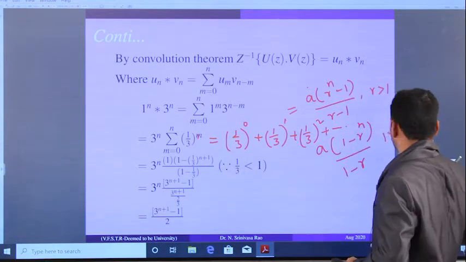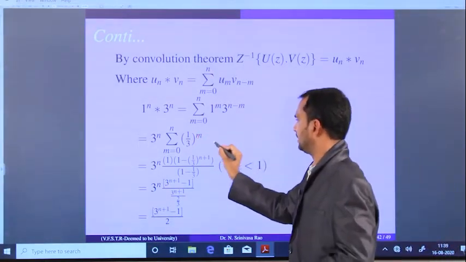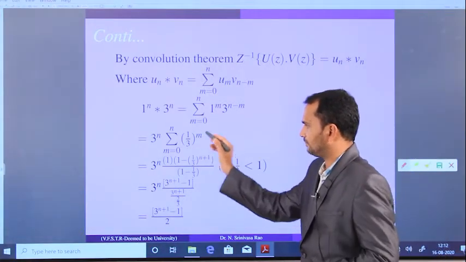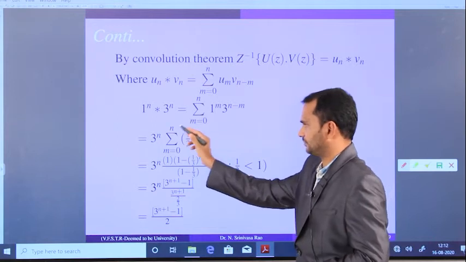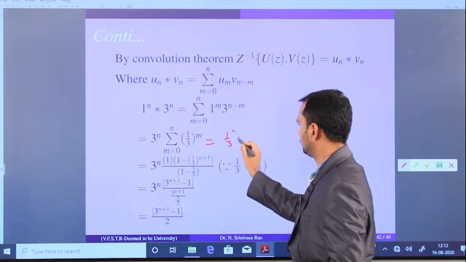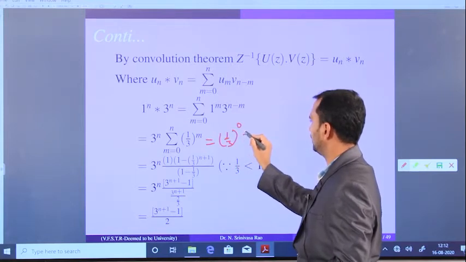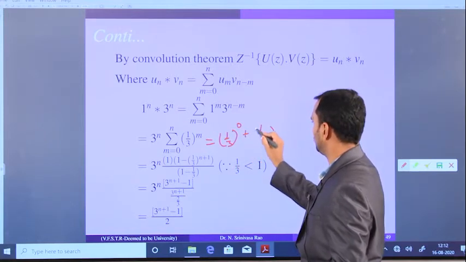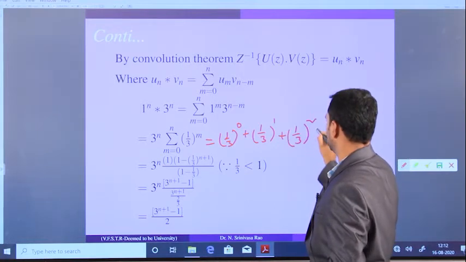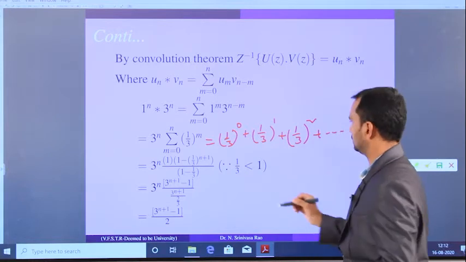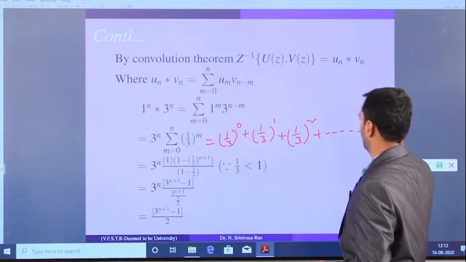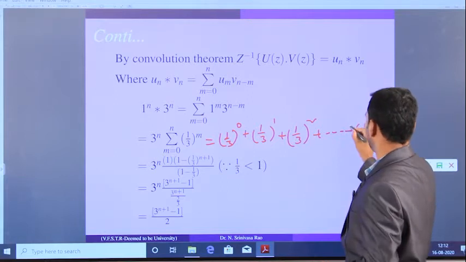Now if you expand this, I have to find the sum of this series. The last term is 1 by 3 whole power n.